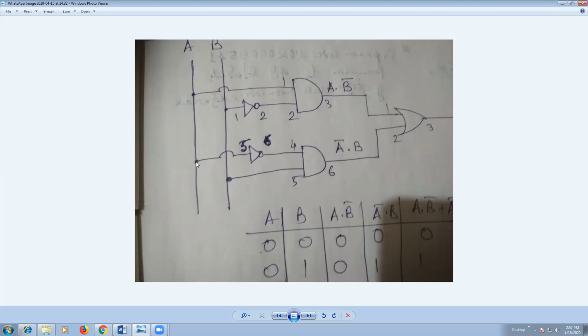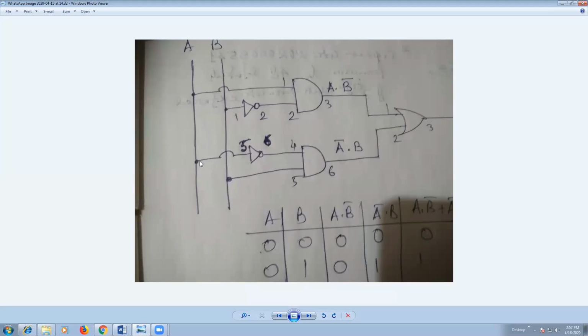So for A bar dot B, we have to connect from A. For example, I am taking 5 and 6. You can take others apart from 1 and 2, since 1 and 2 are already used here for 7404, and you can also use 3 input and 4 output of 7404, but I have taken 5 input and 6 output.